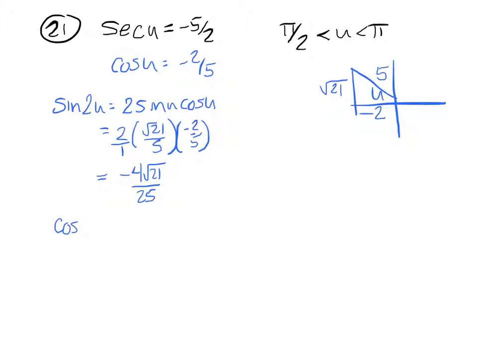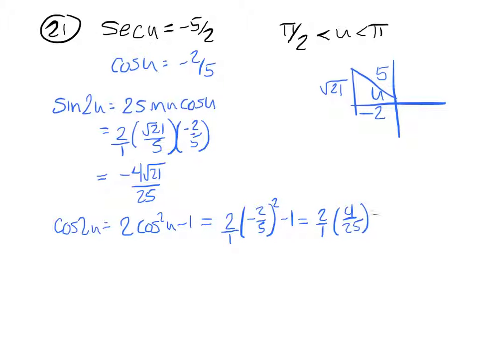And then the cosine of 2u, once again, it really doesn't matter which one we use. I'll just use the second one again. So then we get 2 times the cosine, -2/5 squared, minus 1. This will be 2 over 1 times 4 over 25, minus 1.